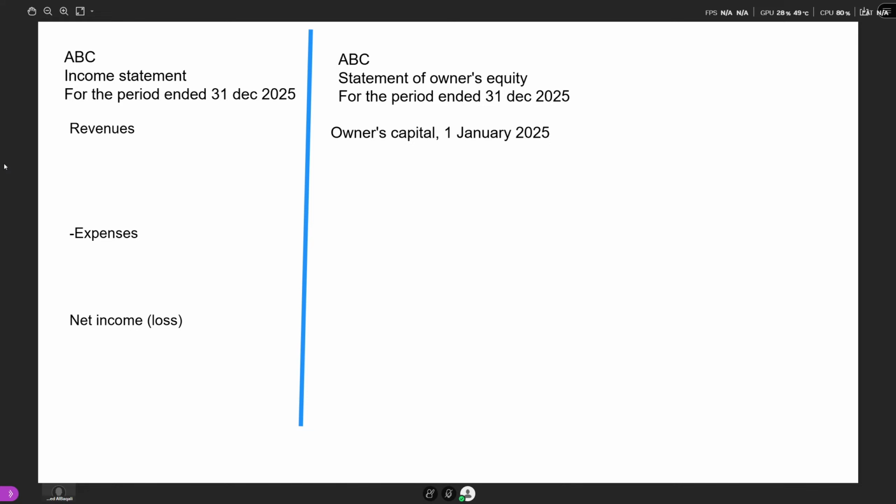So owner investment plus any net income that I have, or minus any net loss, minus withdrawals for owners. This will give you your owner's capital at the end of the year, which is 31st of December.